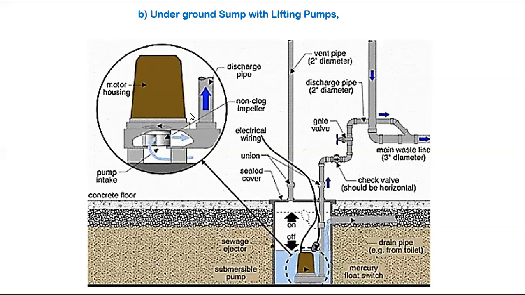If we are putting an above ground pump, we have to put a priming arrangement and all. So that's why we are preparing the submersible for all the drainage. So this is the pit option, actually the drain pit option.